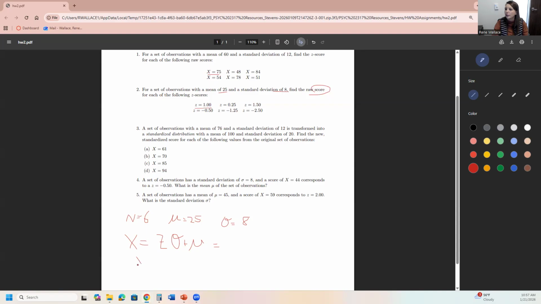So x equals 1 times sigma, which is 8, plus mu, which is 25, equals, and wherever that lands is your x score. Just do that for this first one, and then for all 6 of them. And that's question number 2. Sorry about that.